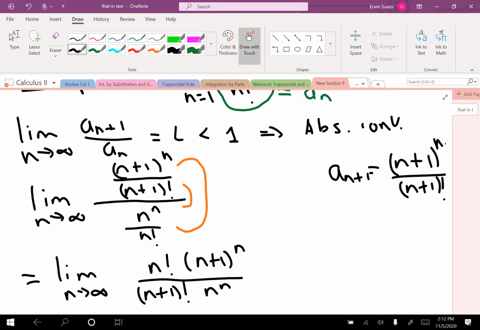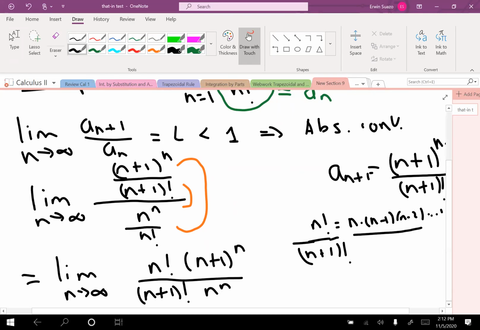Now, what is n factorial? By definition, n factorial is n times n minus 1 times n minus 2, and so on until 1, divided by n plus 1 factorial, which is n plus 1 times n times n minus 1, and so on.